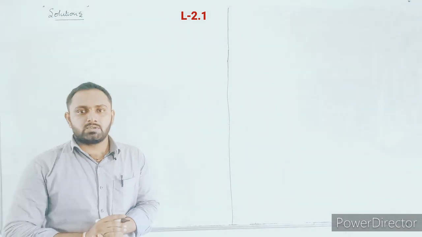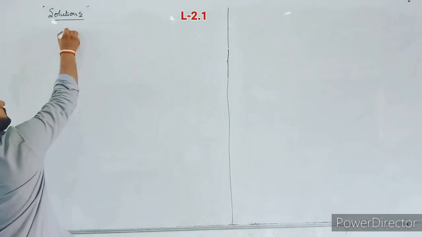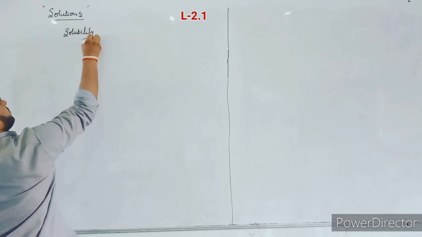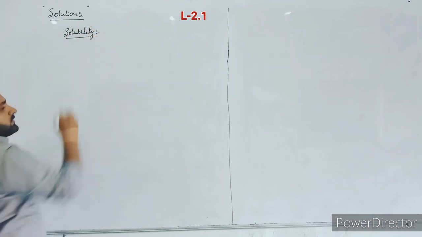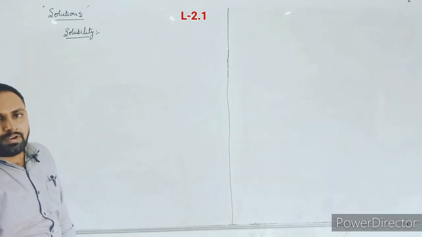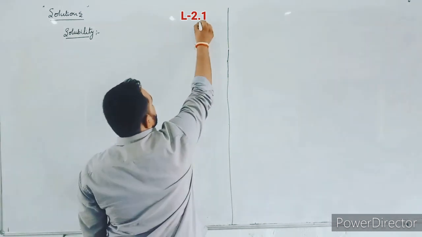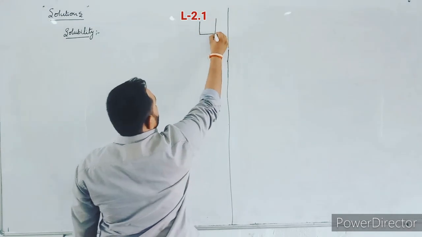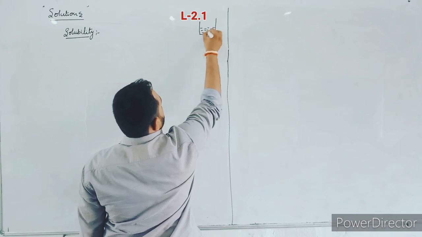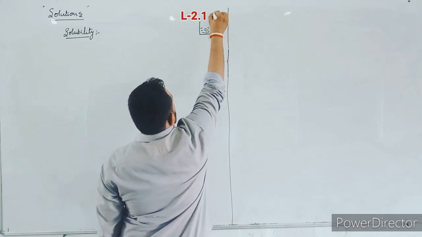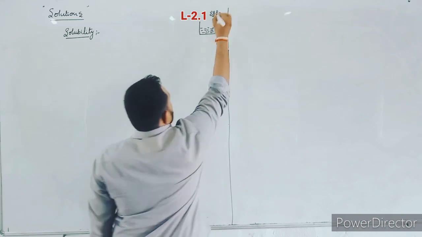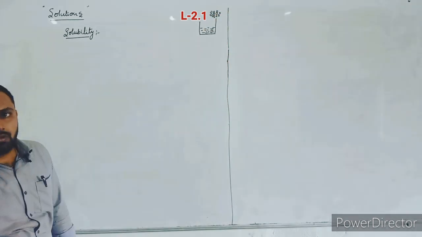Next, let us discuss solubility. To understand what solubility is, let us consider a solvent and a solute. Let us consider a solvent in a beaker. This is the solvent, and this is the solute. Now let us understand what solubility is.